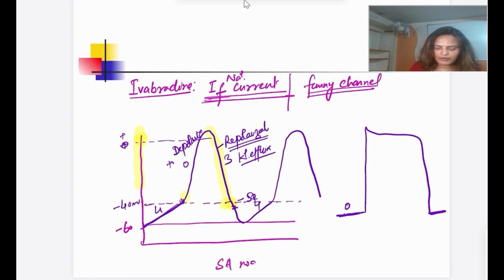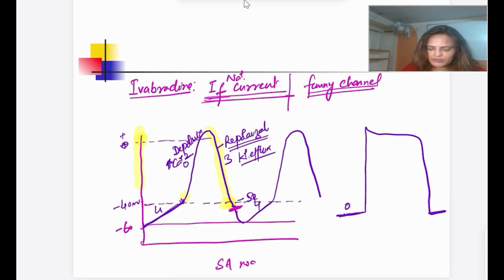And for the depolarization at the SA node, there is an influx of calcium ion. Now once the potential reaches this point, -50, then what will happen? This potassium efflux will decay, it starts to decrease slowly. Then it will move toward like this.